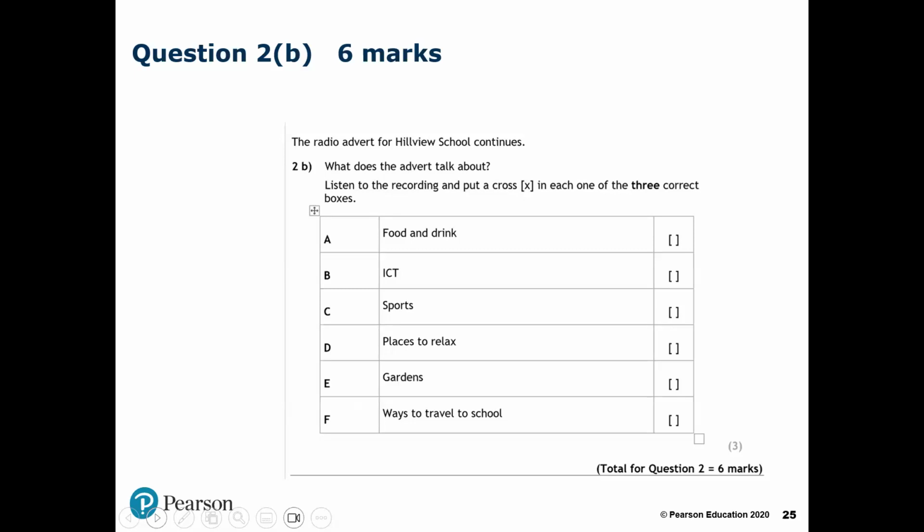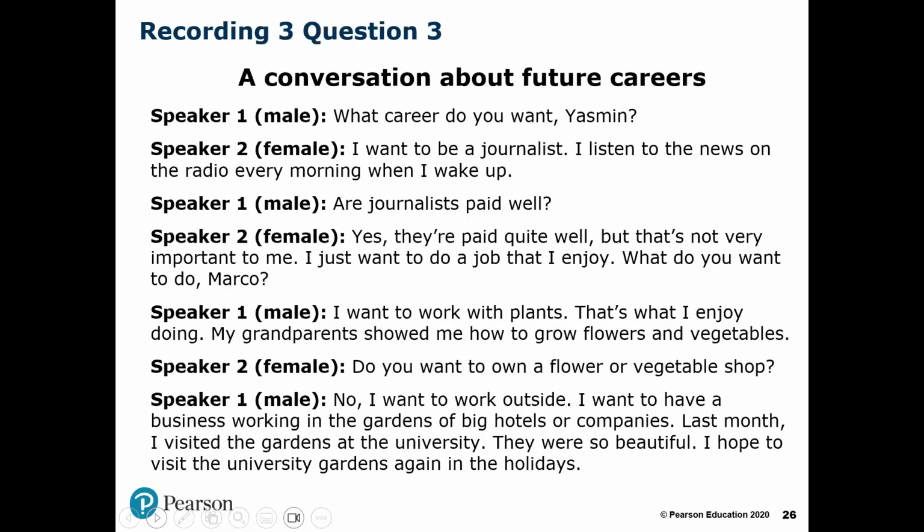So question 2, as you see, is that multiple completion task. Question 1 was multiple choice. Question 2 is multiple completion. If we look at question 3 then, we mentioned at the beginning that the recordings get longer, and that the recordings also get more complex.